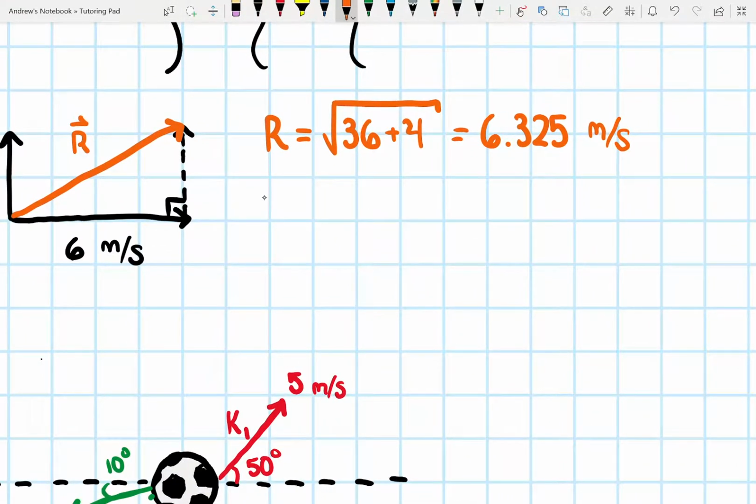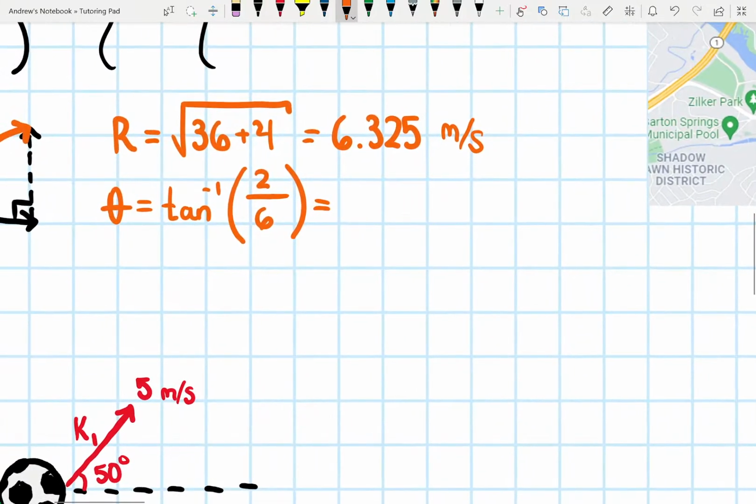So if we were to calculate our angle here, it's going to be tangent inverse of our opposite vector, which is 2, over our adjacent vector, which is 6. So I'll give you a minute to calculate that. Okay, and what you get from that is that our angle is 18.435 degrees.